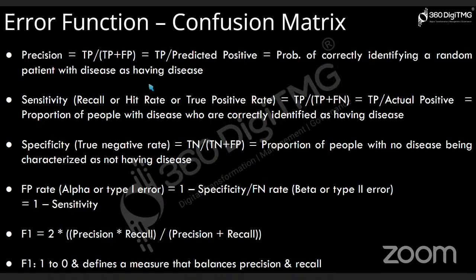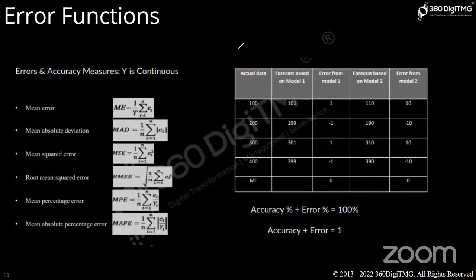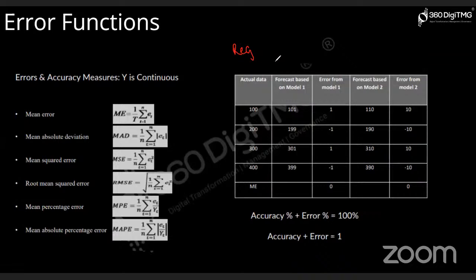Okay. Now, if we are facing a regression problem, where our output is continuous, we are having a continuous value. So for this, we will have to find the error: how much error our model is giving us.